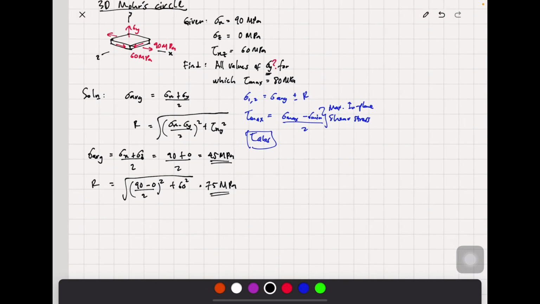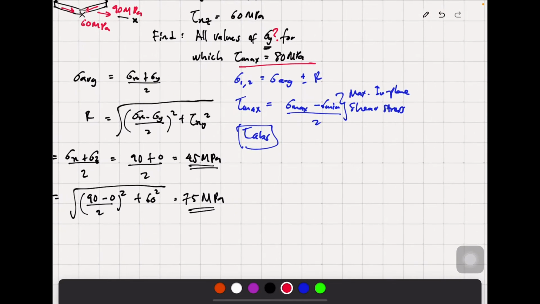But yeah, don't forget, it was given the condition over there for which tau maximum is equal to 80 megapascal. You can imagine this. This is the second example, the third example for Mohr circle. You can pretty much imagine on your Mohr circle there will be a radius going to be equal to 80 megapascal instead of 75, right?